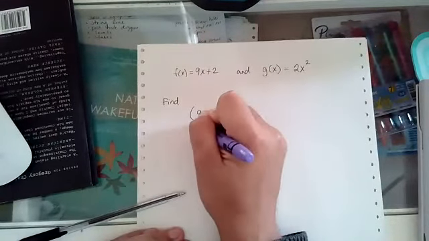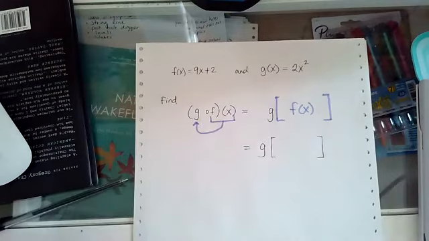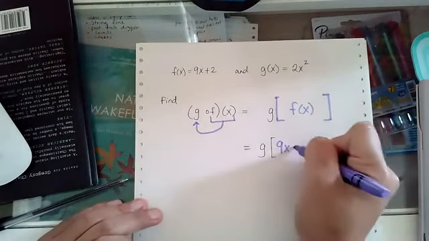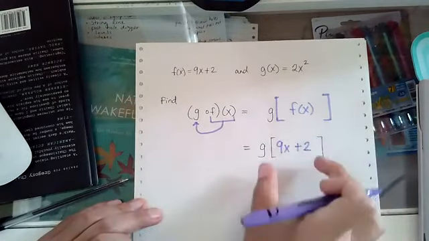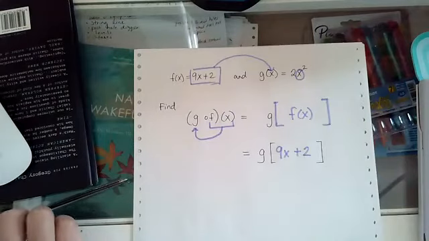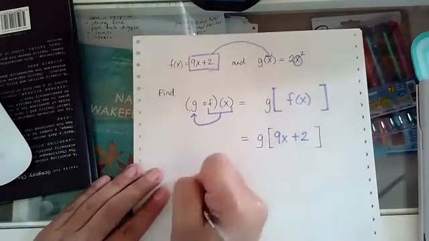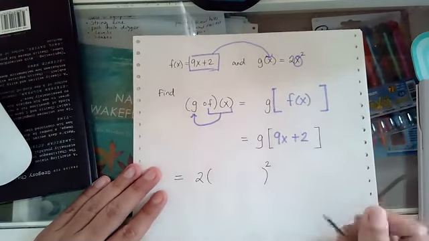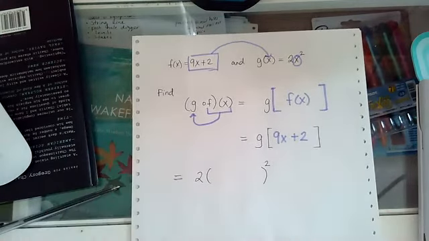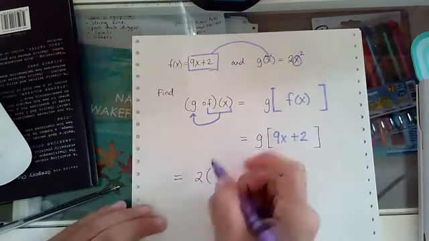So we're taking f of x, which is originally 9x plus 2, as the input, which is going to replace this x. Now, because the order is changed, this operation is 2 times some input squared, but that input is the first function, 9x plus 2.